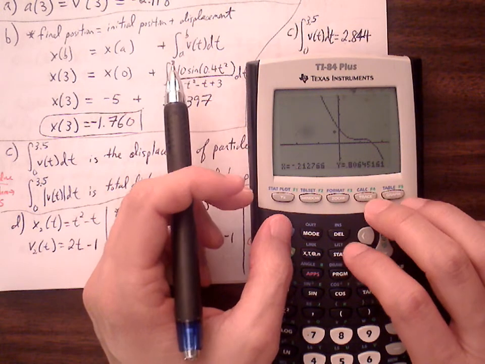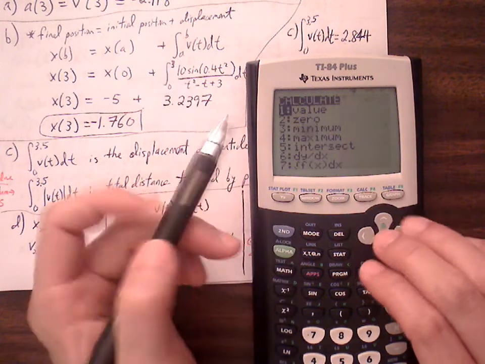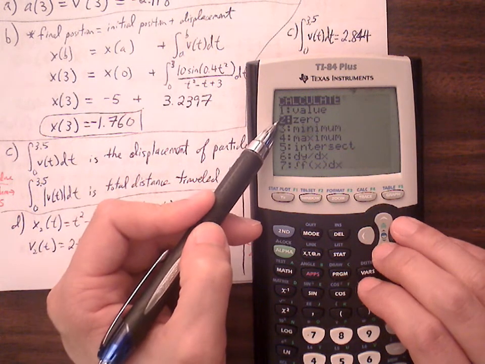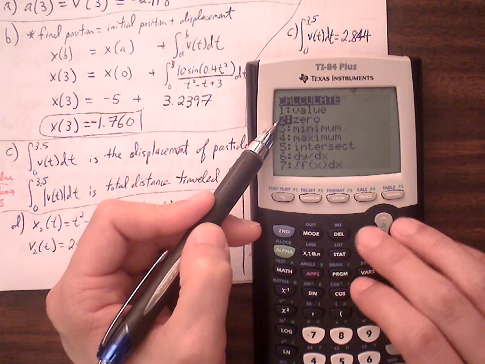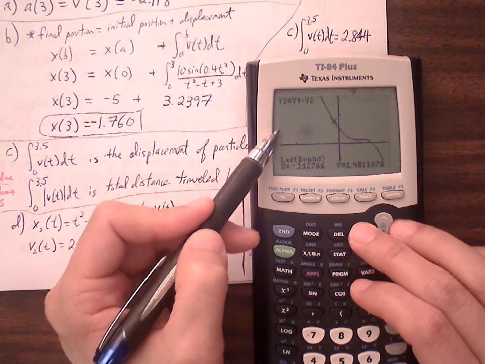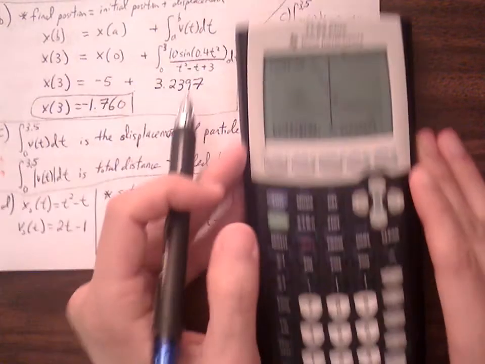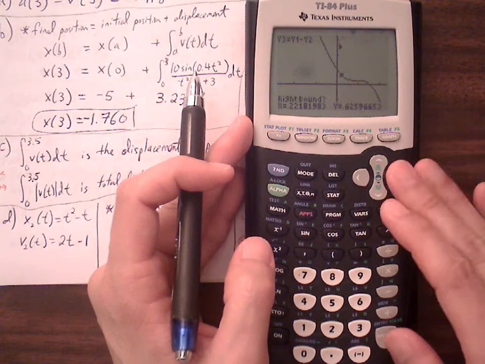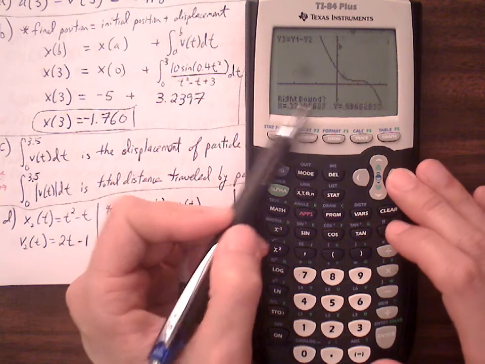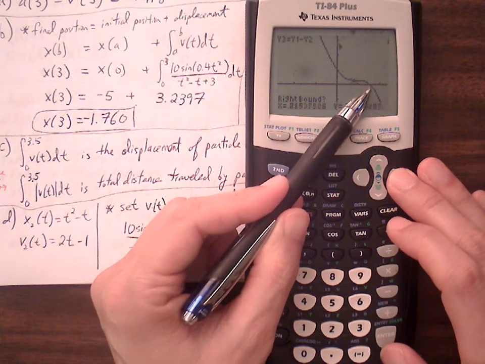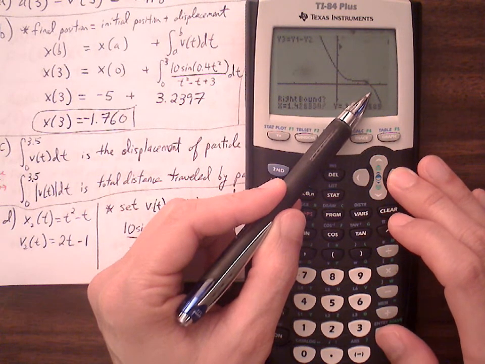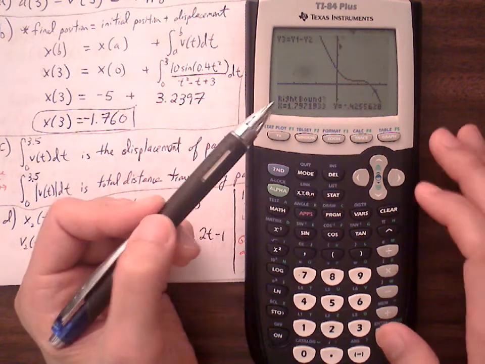To make the calculator find that x-intercept for us, we can go to second trace 0, hit enter. And for my cursor, I'm going to choose a point to the left of the x-intercept, hit enter. Right bound, so I'm going to scroll to a point on the other side of the x-intercept, hit enter again.